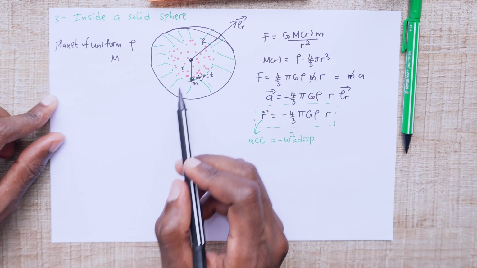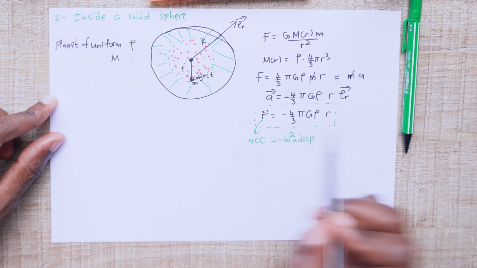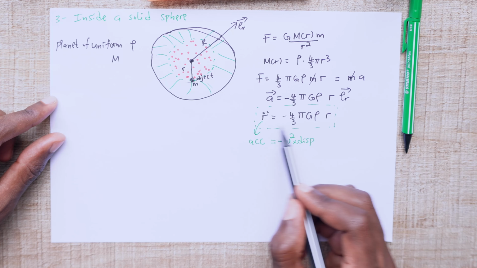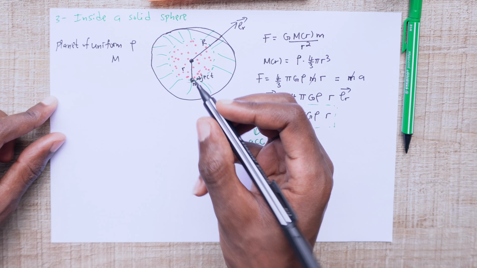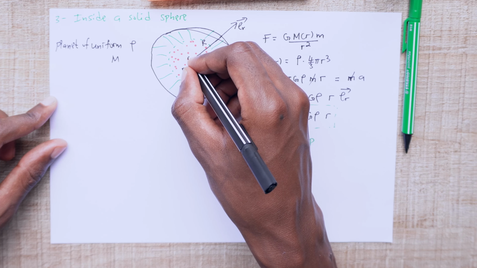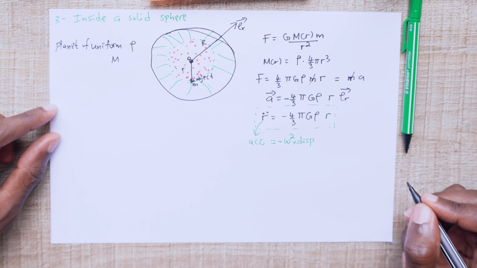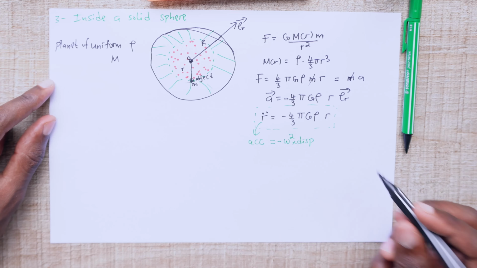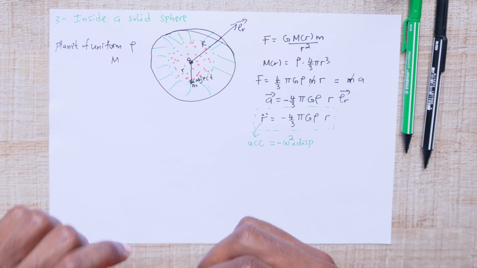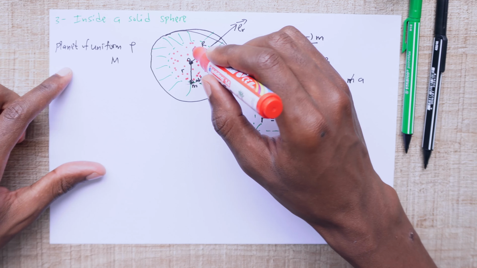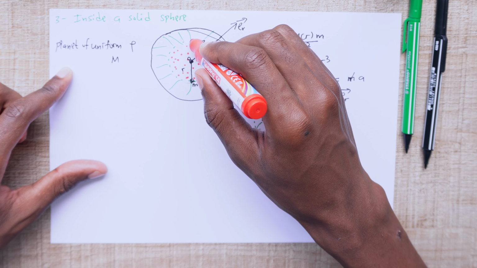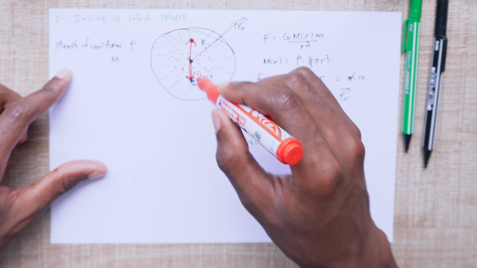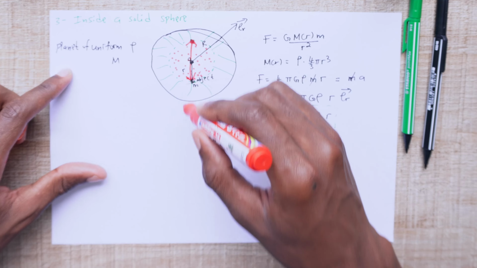What this implies is that this body, little m, performs simple harmonic motion about the center of the sphere O. In other words, if this body is released at this location, then it's going to perform oscillations like this. It's going to move up and down, like that.